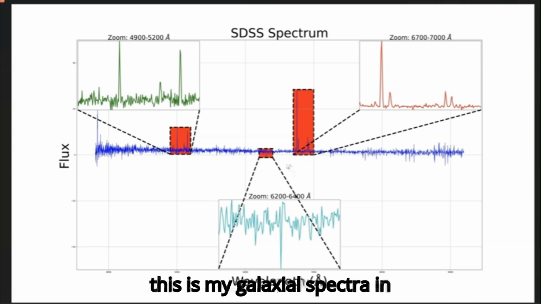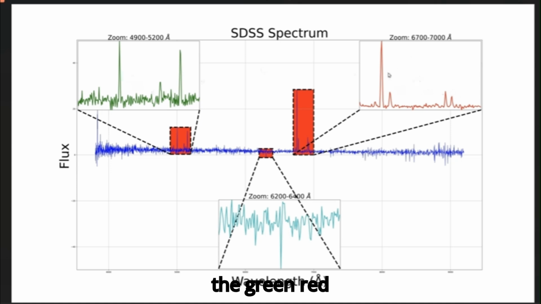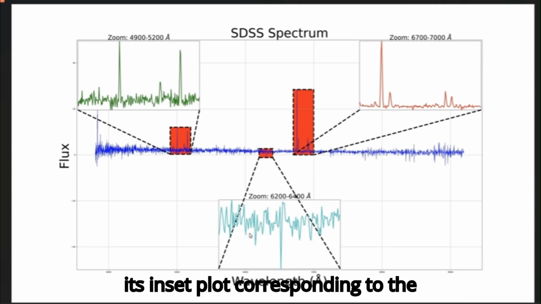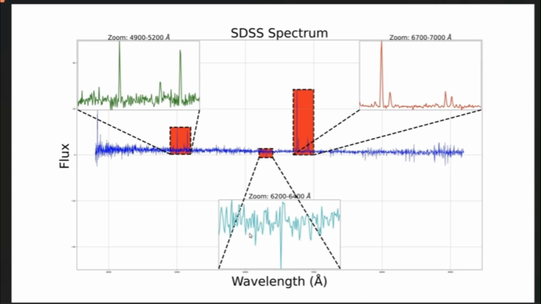So this is my galaxy spectra in the blue plot, and these red patches are my selected regions to zoom, and these subplots in green, red, and cyan color are the inset plots corresponding to the red patches of the spectra.